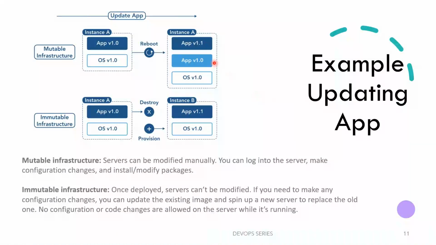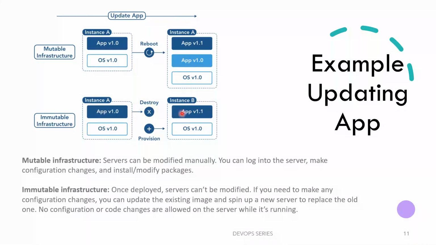To understand this better, in the mutable infrastructure concept, you have a server, an instance with a particular operating system and an application. If you have a newer version of the application, you install it in place. You update and upgrade them on the same instance. Here, in the immutable concept, you have an instance A with a particular operating system and an app version.